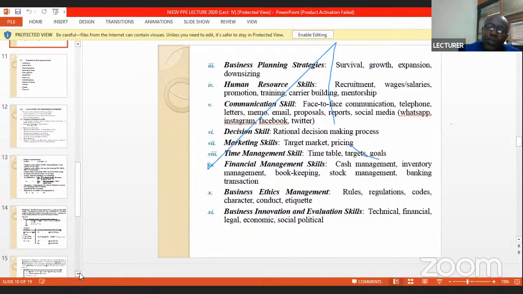Skills on how to do promotion. Understanding when you have to train your staff and retrain. Allowing your staff to build a career. Making sure that there is mentorship.